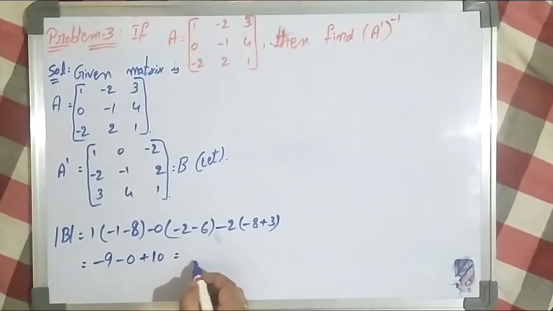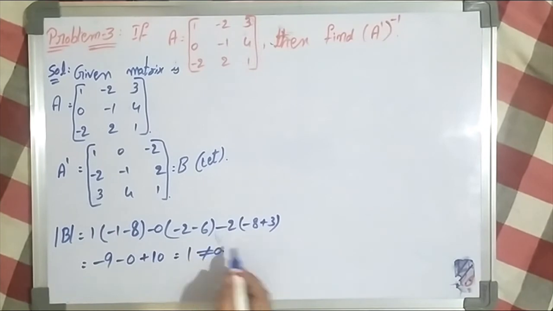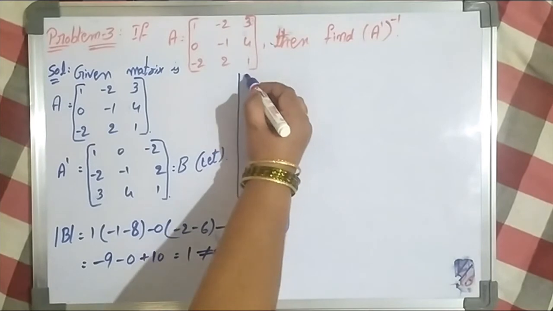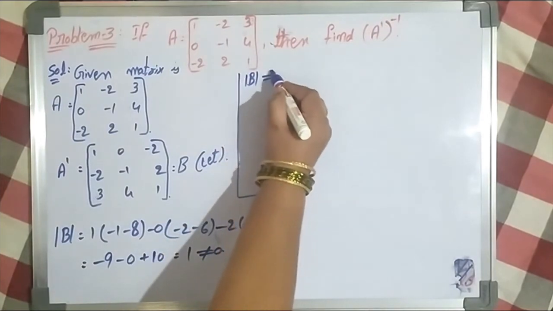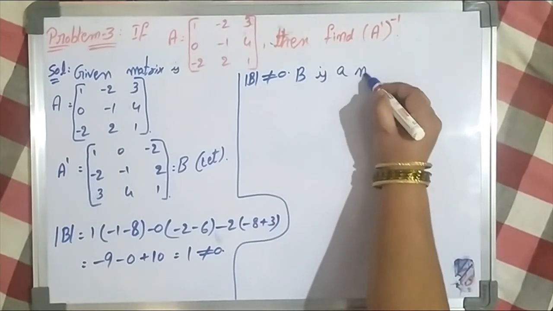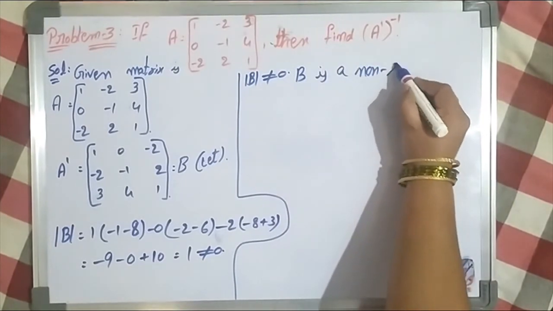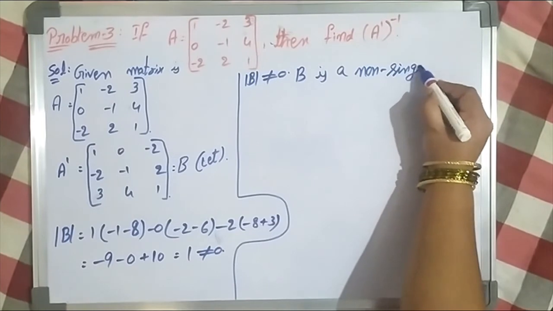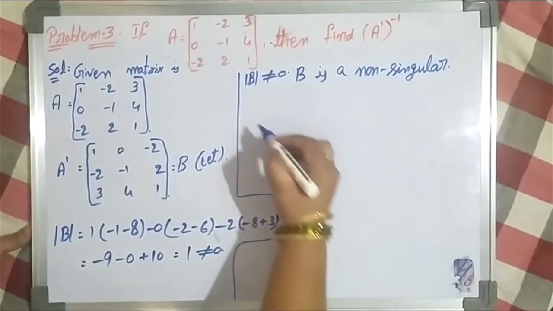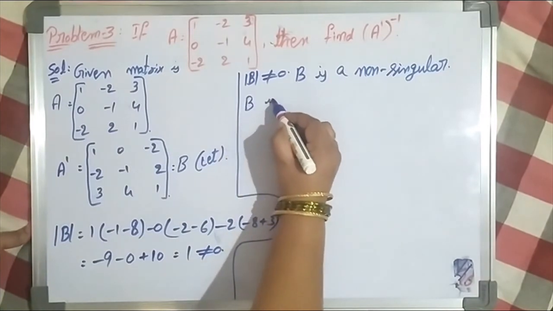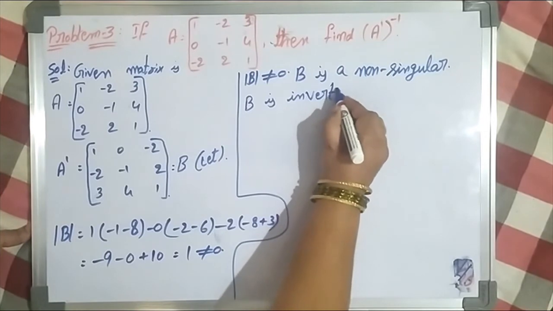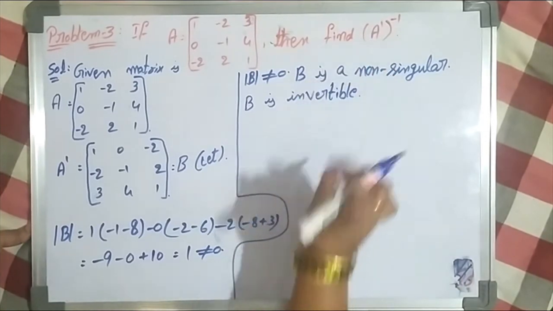That is equal to 1. This is not equal to 0. Then the determinant of B is not equal to 0, so B is a non-singular matrix. Then B is invertible. Here B is nothing but A transpose.